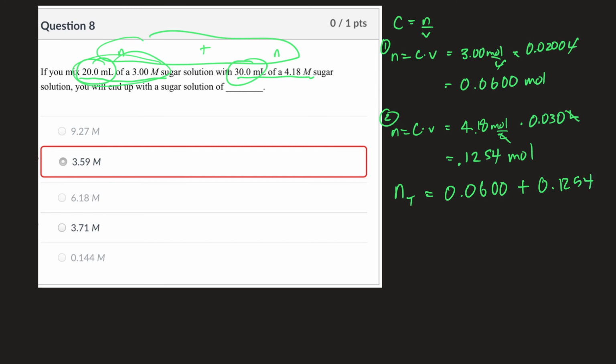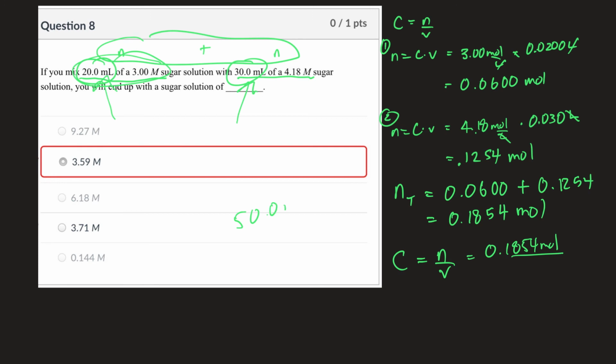Okay, 0.06 plus 0.1254. So this would be 0.1854 moles. That's the total moles. So to get my concentration, I figure out moles over volume. 0.1854 moles divided by the total volume, which is 20 and 30, that'd be 50 milliliters.